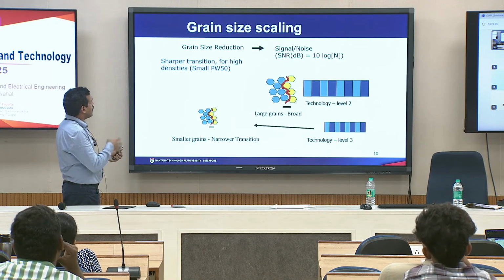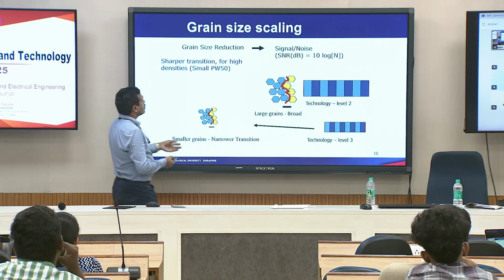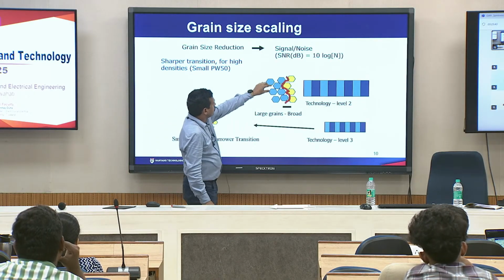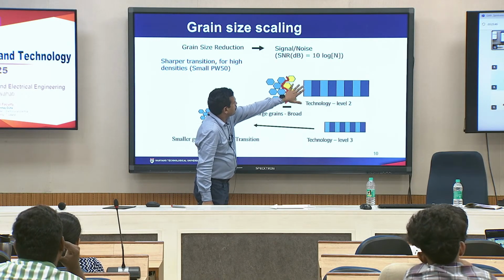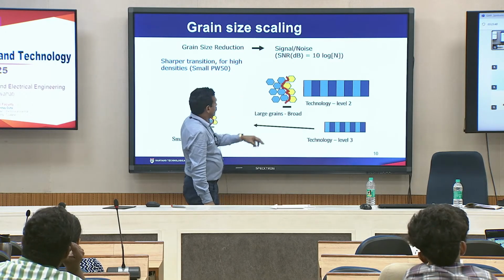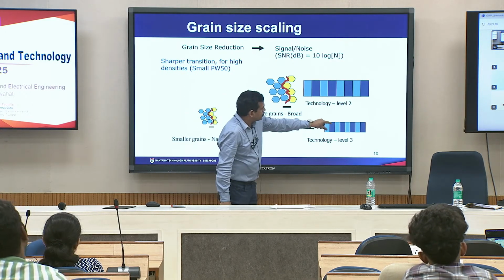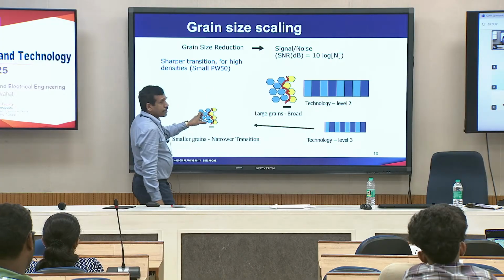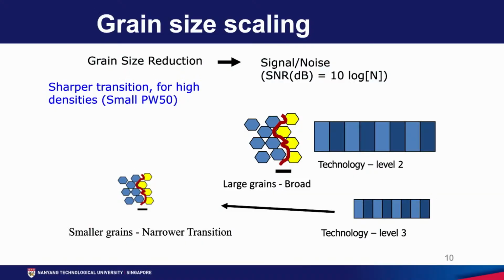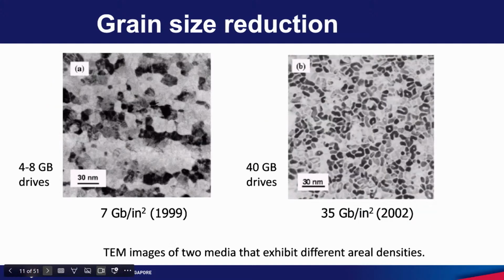That growth happens by making the grains smaller. Let us say in one particular technology your grains are this big, when you move to another technology where the bits are small, you make the grains even smaller. The diameter of the grains gets reduced.